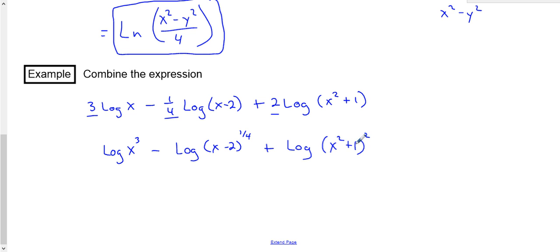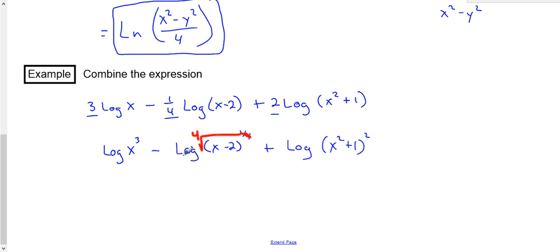Over here will just give us separate terms, and we cannot combine those with anything, so it's not going to help us. All right, x minus 2 to the 1/4 is going to be the fourth root of x minus 2. So I'm going to go ahead and write that out, save myself a little bit of space here.